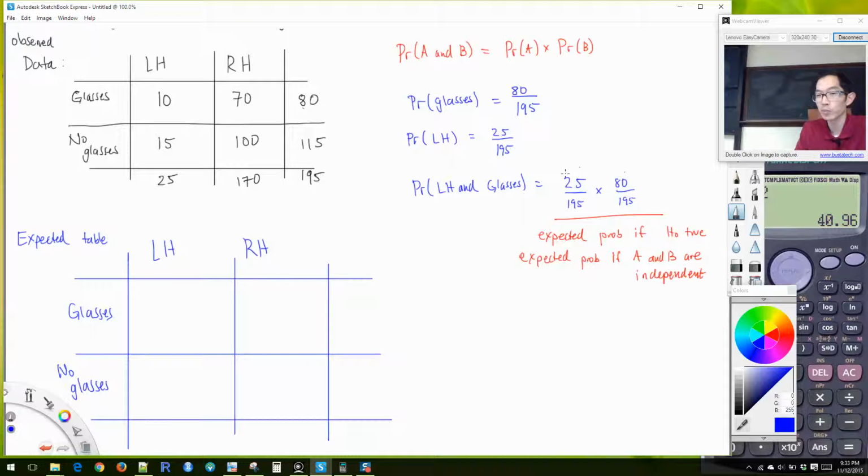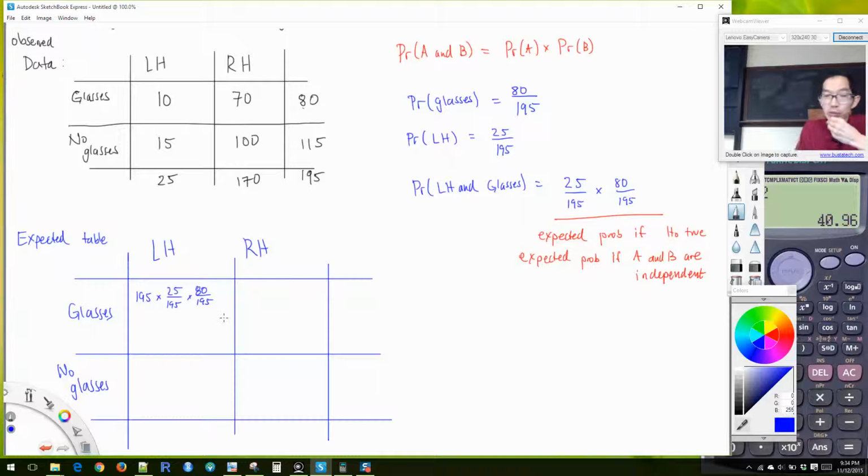I should multiply this probability by what? By how many people I've surveyed, right? So how many people did I survey? 195. Is that okay? So my expected count will be 195 times this probability, which is 25 over 195 times 80 over 195. Is that okay with everybody?